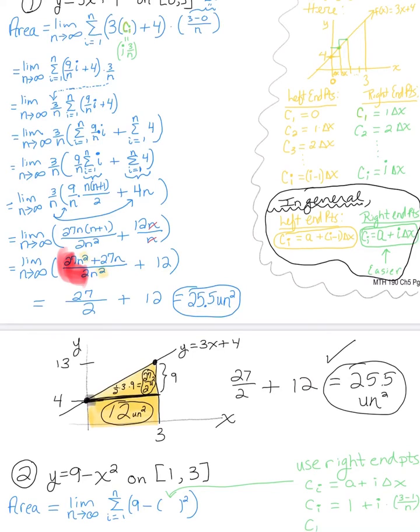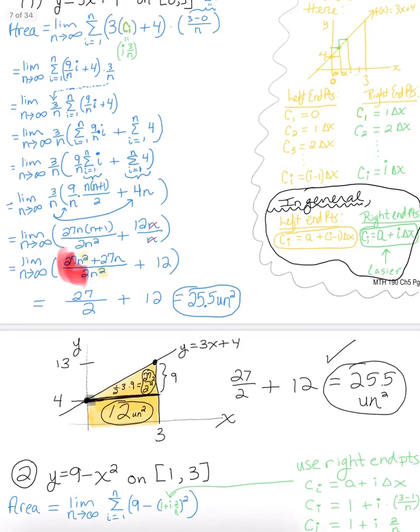So what we have is that c sub i is going to equal 1 plus i times, and the delta x then is 2 over n. So this becomes 1 plus i times 2 over n, or 2i over n, or however you want to write that.